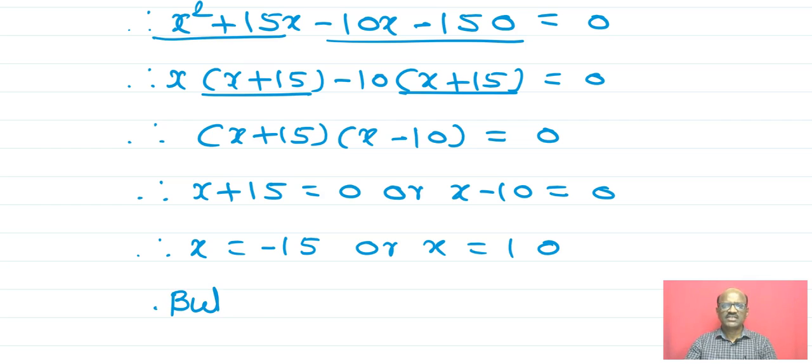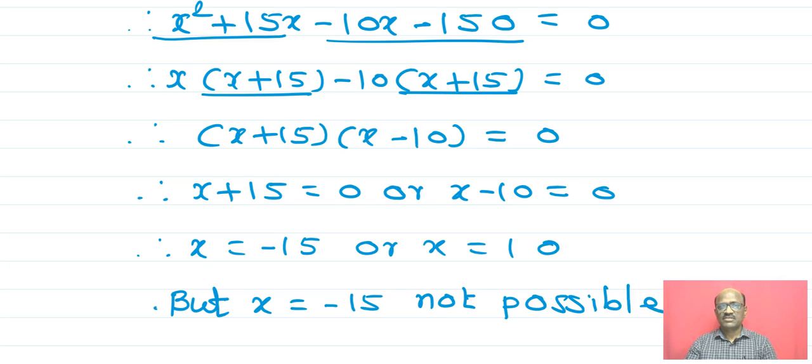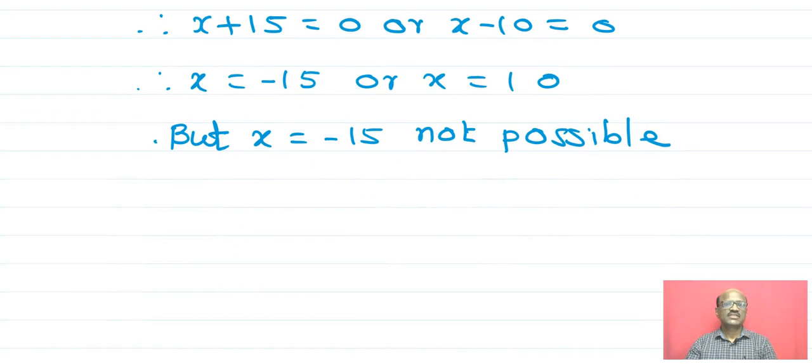Therefore, x is equal to minus 15 is not possible. Therefore, the number of trees in each column is 10.